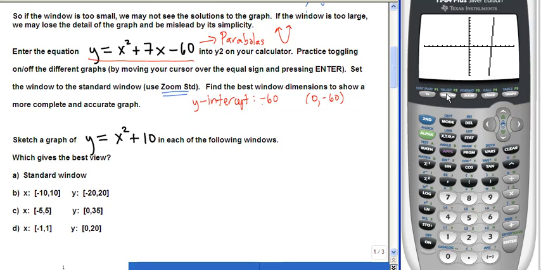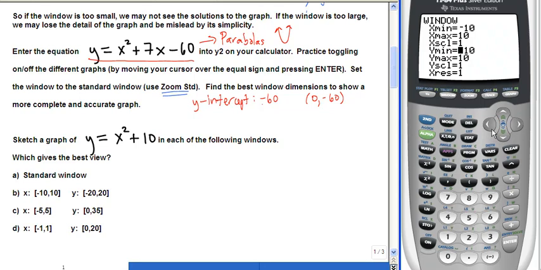And if we look at our window dimensions, our y min, which is our smallest y in this window, only goes to -10. So that's part of the reason why we're not seeing this complete graph. It's because our graph isn't going low enough to even show us where that y-intercept needs to be. So let's arrow down and let's change our y values.